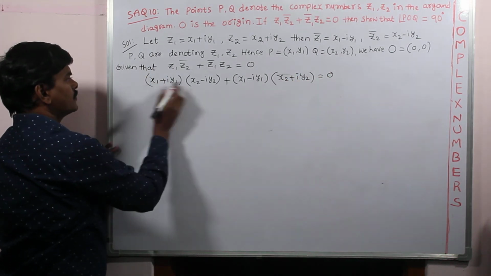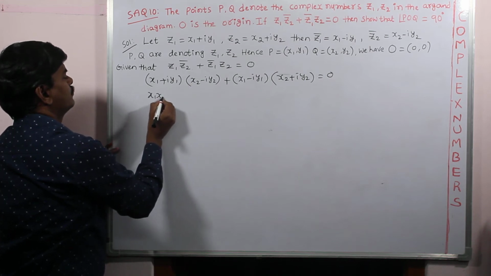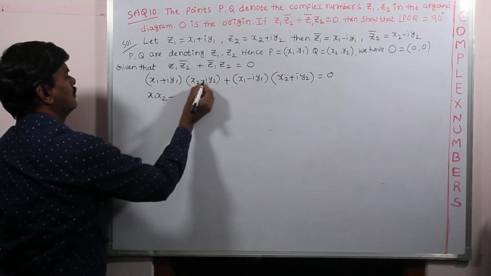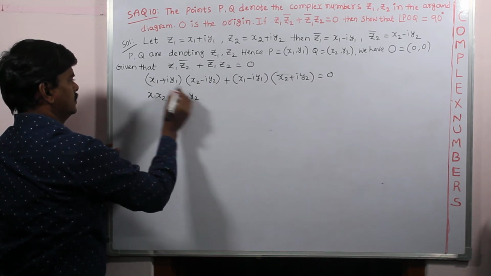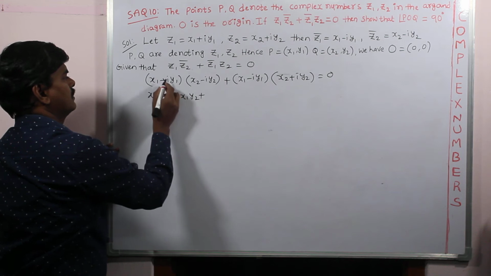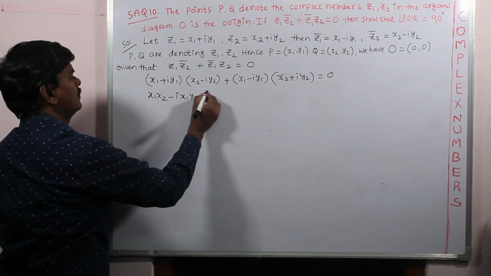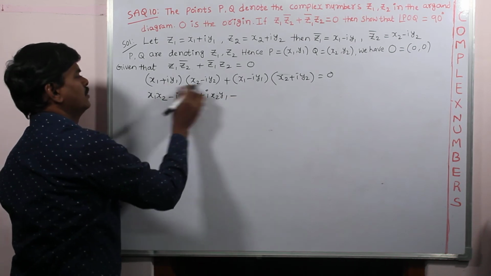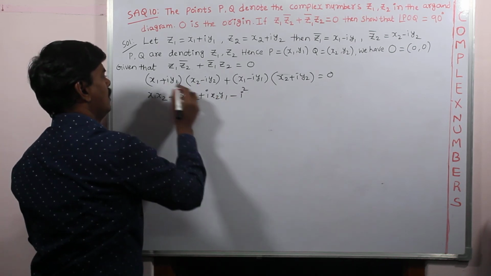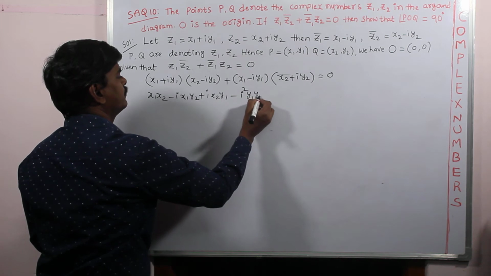Multiplication: x1 into x2, plus into minus, minus iota x1 y2, plus into plus, iota x2 y1, plus into minus, minus iota into iota square y1 y2.